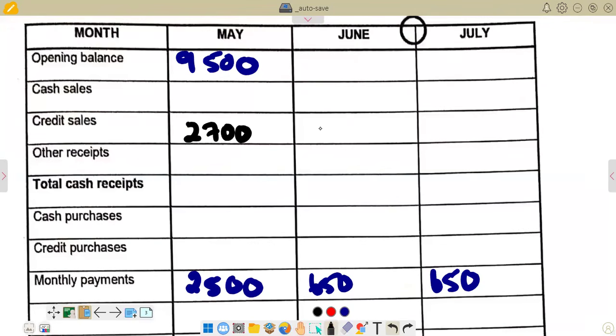And then the next one is going to be 1,800, which are the credit sales for May. And then the credit sales for June are going to be received in July. So we have 2,100. So this is what we have. Then we can move on to the next item.